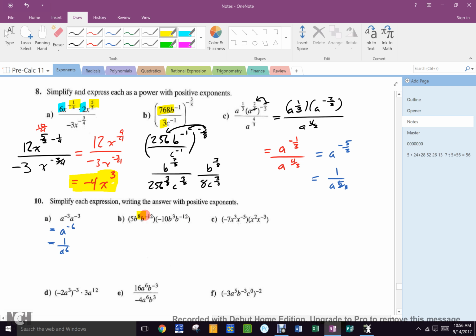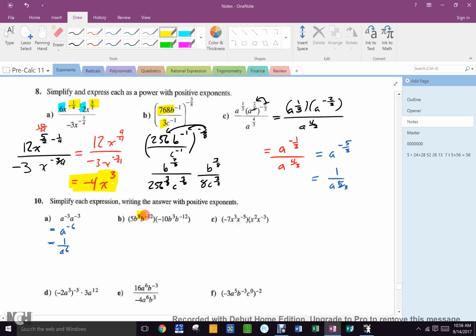Next one. Numbers first. Any coefficient over here? Any coefficient over here? No, so it's -7. What do I do with the x's in that one? Add them. What's 3 plus -5? -2.